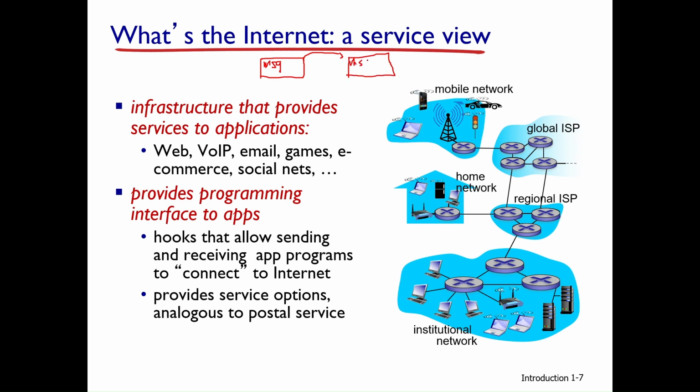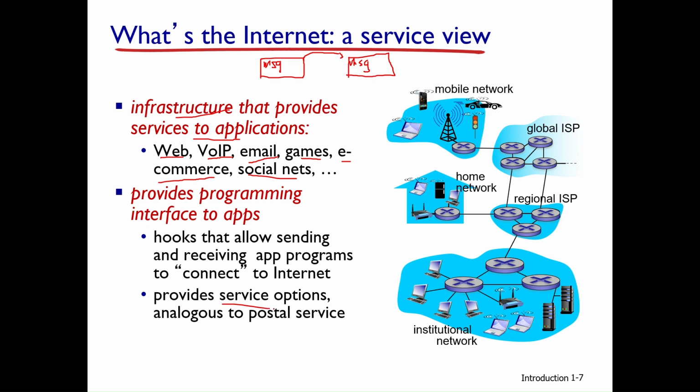It's through the network. So the internet is an infrastructure that provides services to applications. Web, voice over IP, email, games, e-commerce websites, and social nets are examples of the services provided by the internet, and it provides a programming interface for apps, hooks that allow sending and receiving programs to connect to the internet.